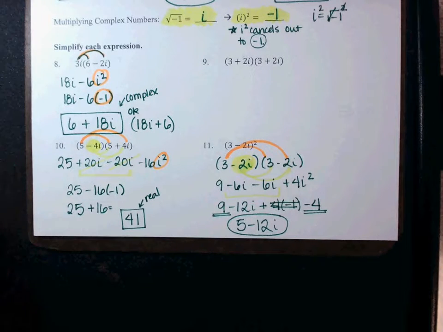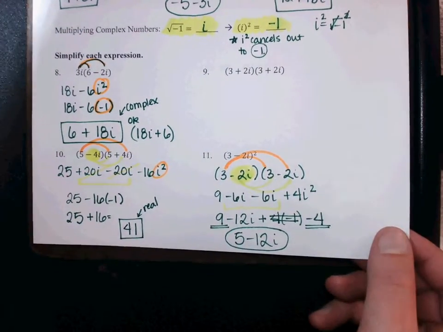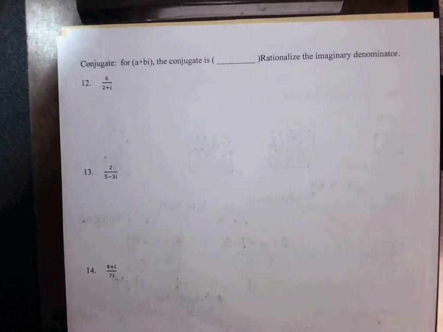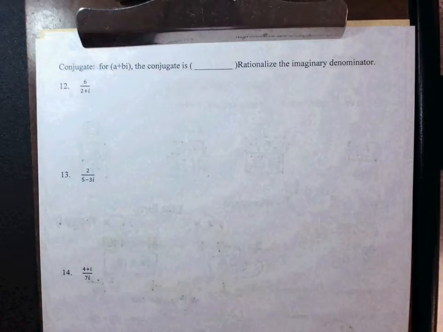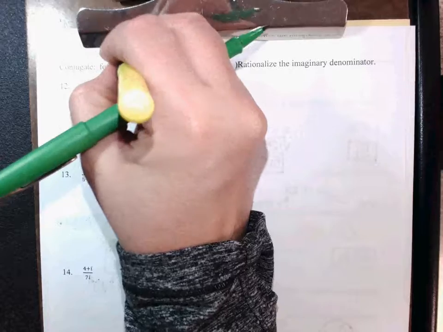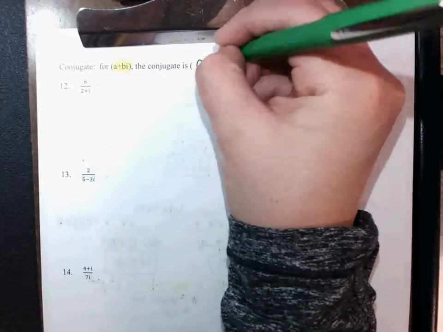Okay, turn over to the back. Last thing we have to learn with imaginary numbers. A conjugate is when you change the sign in the middle. So if your complex number is a plus bi, the conjugate of that is a minus bi.